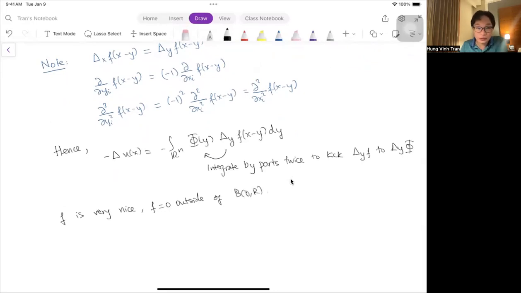But phi has a singularity, or phi blows up at 0. So phi is not nice at 0, it's singular at 0. So how do we do integration by parts twice to take the derivatives from f to phi?